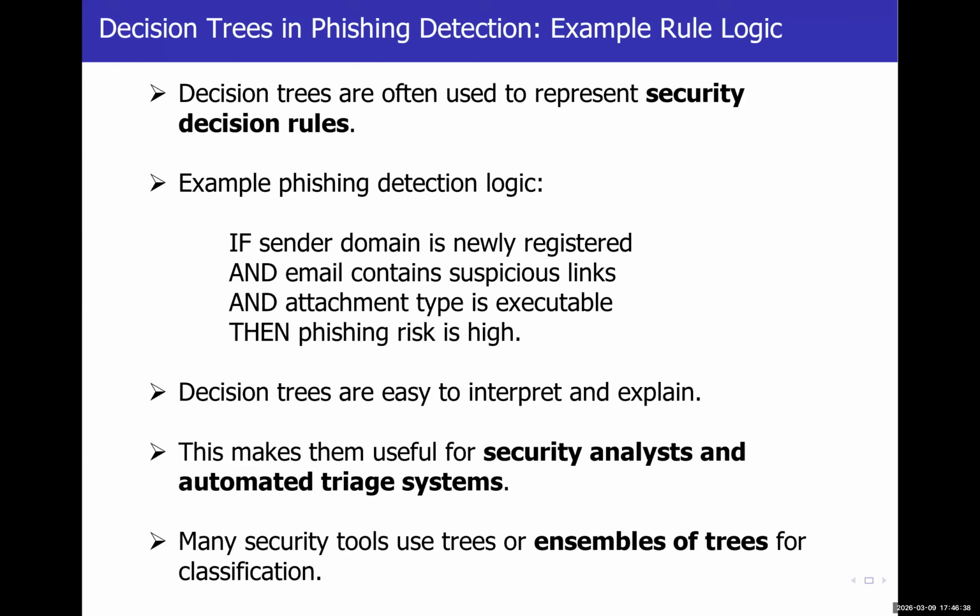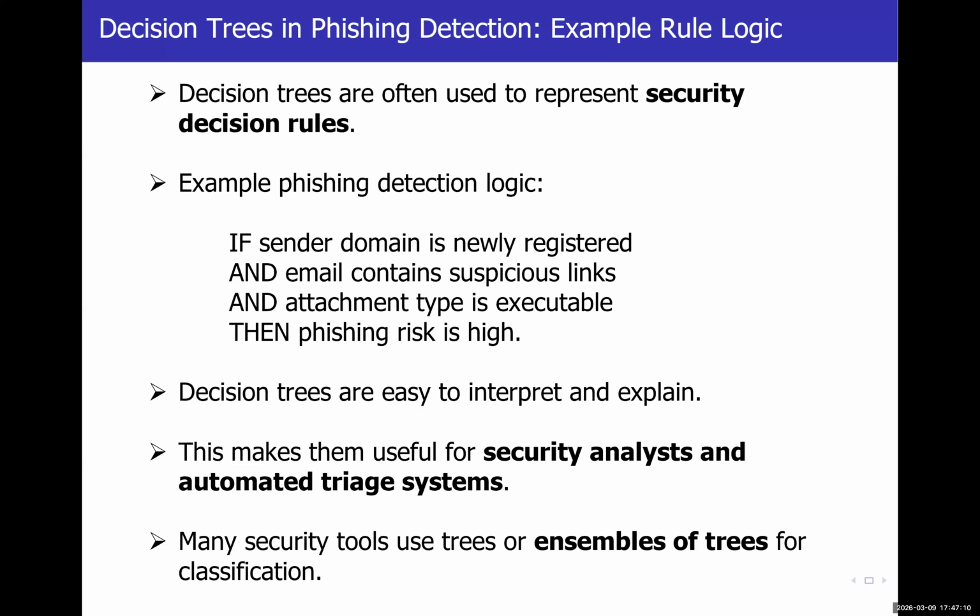For example, a phishing detection model might evaluate several features of an email before deciding whether it is suspicious. A simplified rule might look something like this. If the sender's domain is newly registered, the email contains suspicious links, and the attachment type is executable, then the email is likely to be a phishing email.